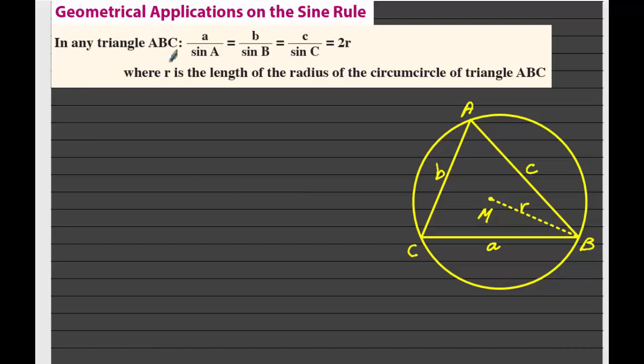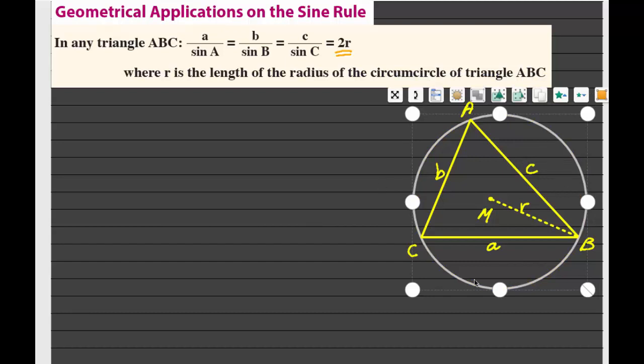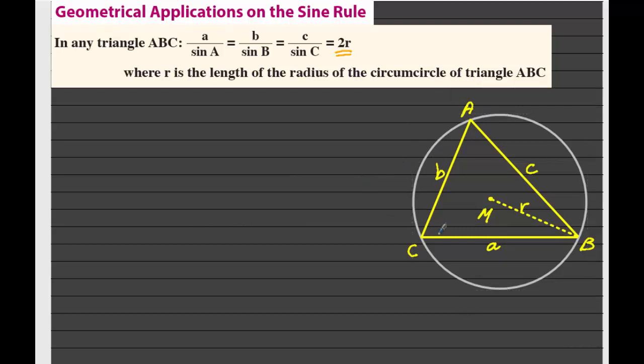So in any triangle ABC, A over sine A equals B over sine B equals C over sine C equals 2R, where R is the length of the radius of the circumcircle of the triangle ABC. This circle is called the circumcircle, the circle which passes through the vertices of the triangle ABC.